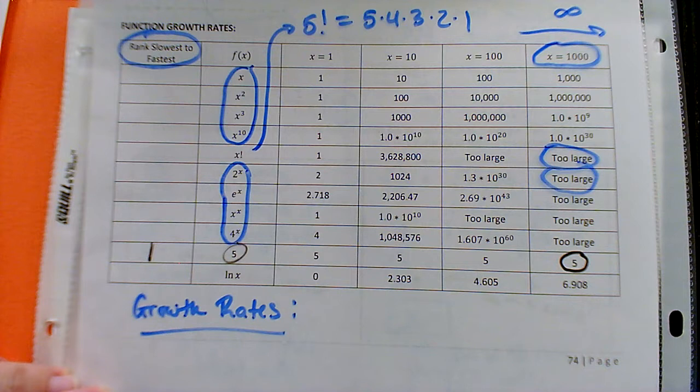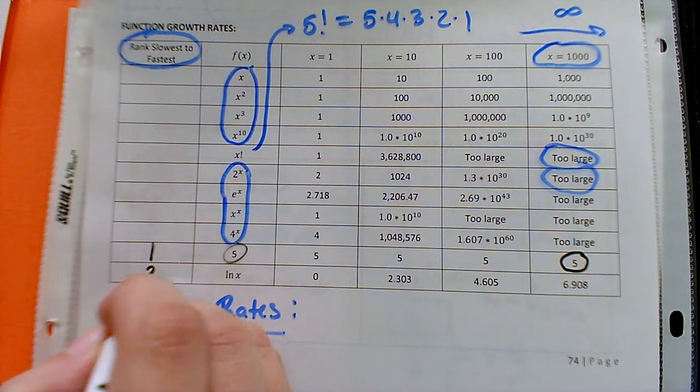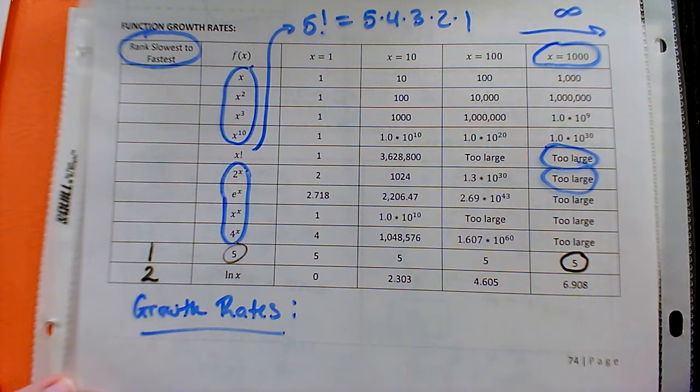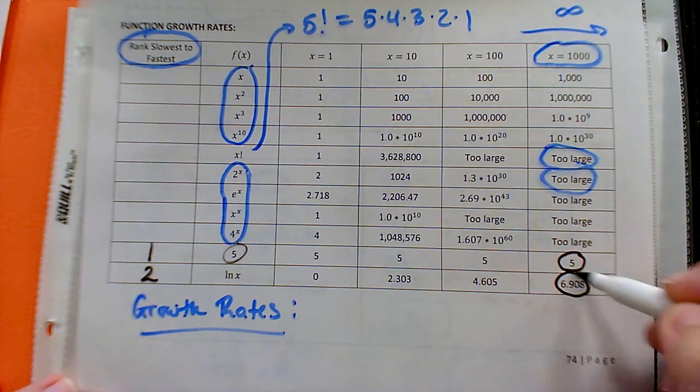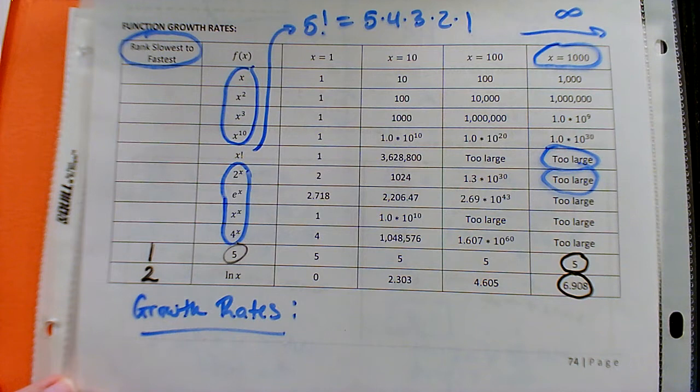Very, very small number. What about the next slowest, or I guess the next fastest? Which one's growing a little bit faster? Go, Braden? The natural log of x. The natural log. Okay, so for very large values of x, this one is slightly higher, slightly faster.